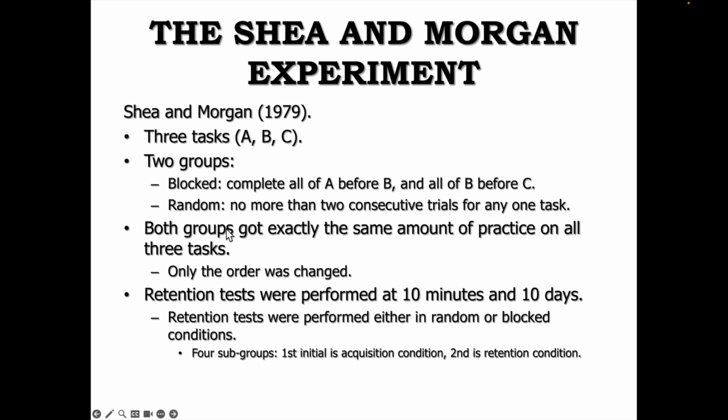In both groups, they got the same volume of work in all three tasks, only the order was changed. Retention tests in this experiment were performed at 10 minutes and 10 days after. Retention tests were performed in both the random and block conditions, and in the four subgroups the first trial was the acquisition trial, and the second is the retention condition.